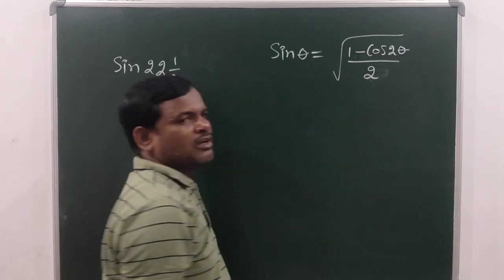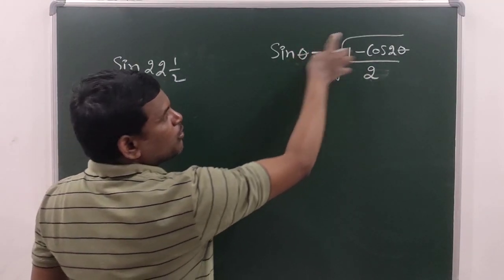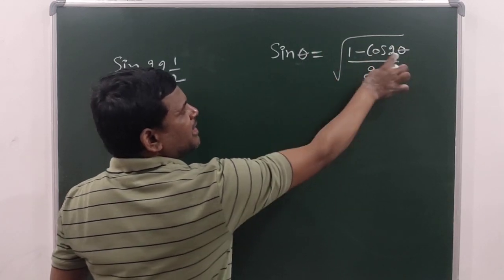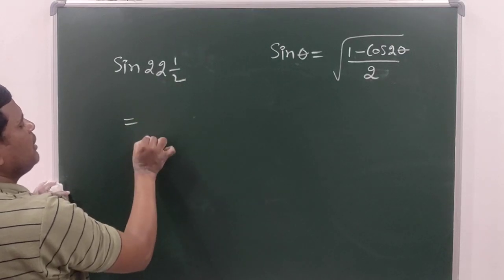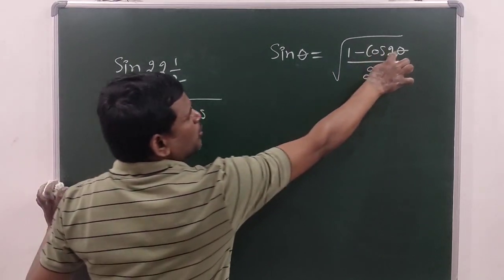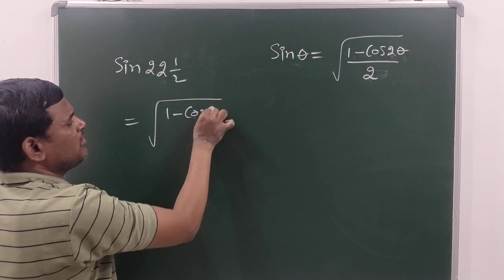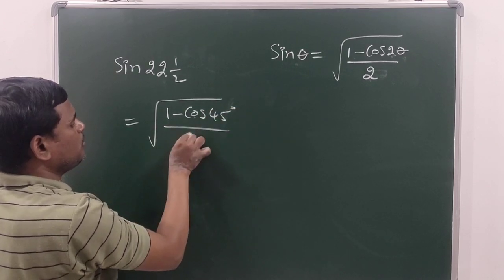Now here, when you go to the right-hand side, the angle is doubled. Here theta is there, here 2 theta is there. In the same manner, here 22 and a half; when it goes to the right side, 1 minus cos of 2 theta, so you have to double it. 22.5 doubled is 45 degrees, by 2.